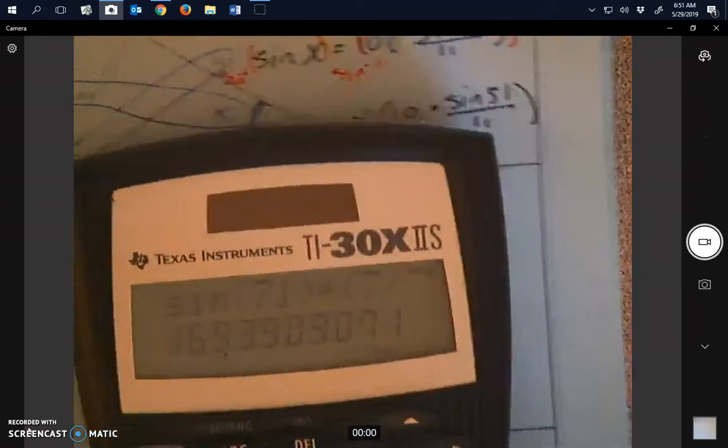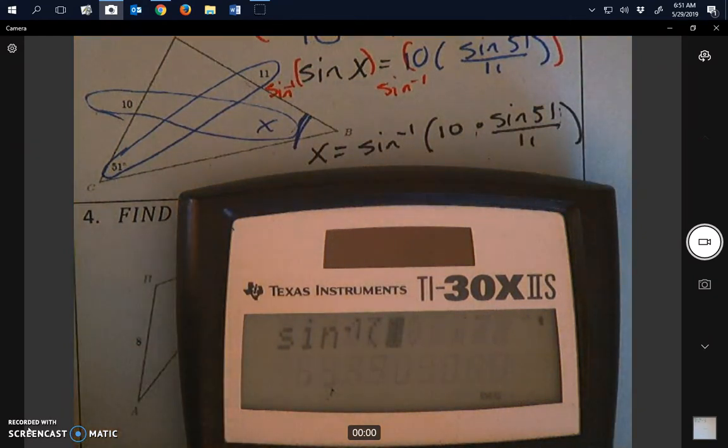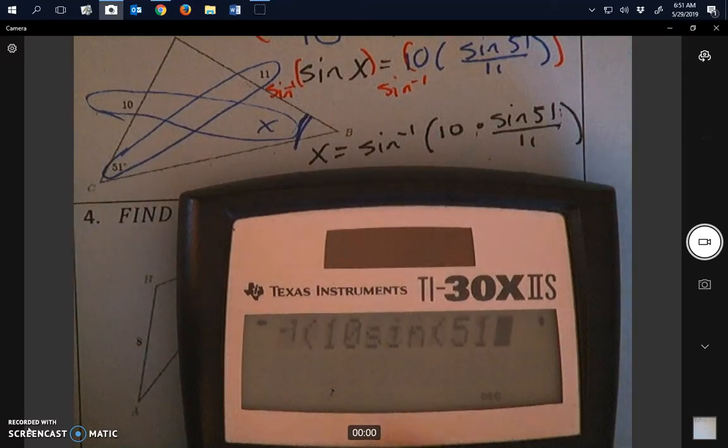All right, so now let's put it in our calculator. So we get both on the screen again. There we go. Okay, so inverse sine, 10 times sine of 51. Now, the calculator defaults 10 times in there, so you don't actually have to put times. But if you want me to, I will. 10 times sine of 51.